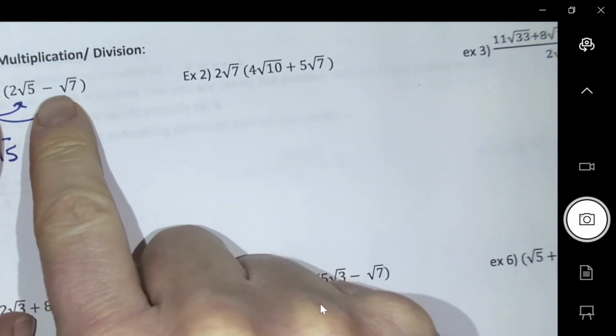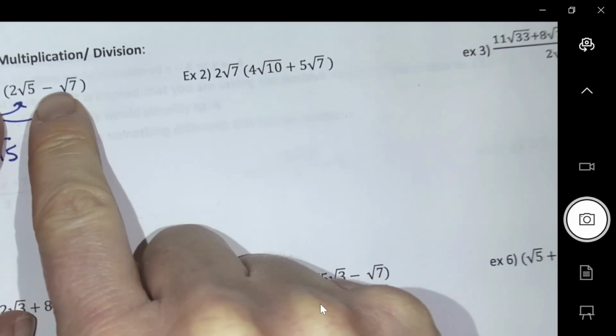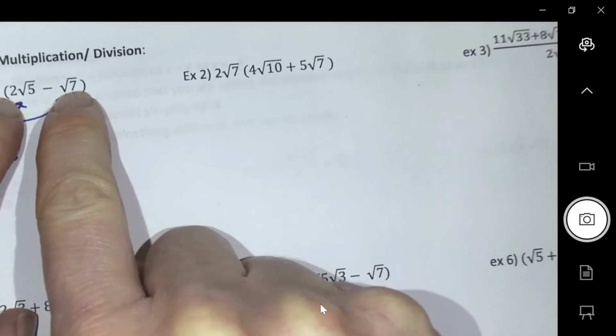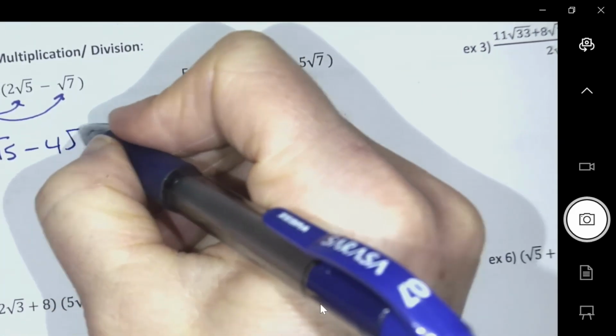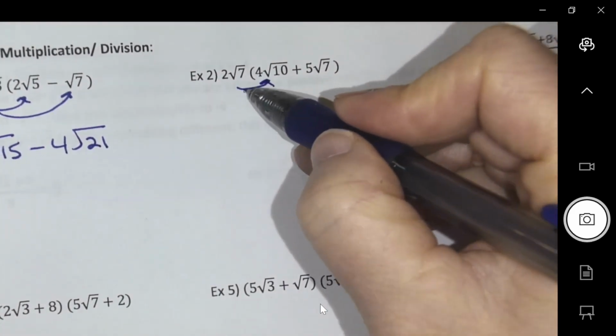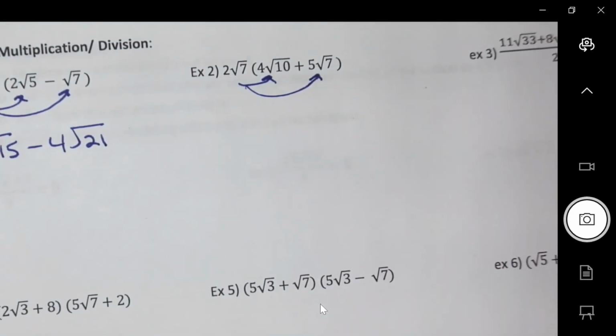Okay. This would be a front number of minus 4 root 21. Okay, can you do this one on your own? Same technique. Can you do that one on your own?